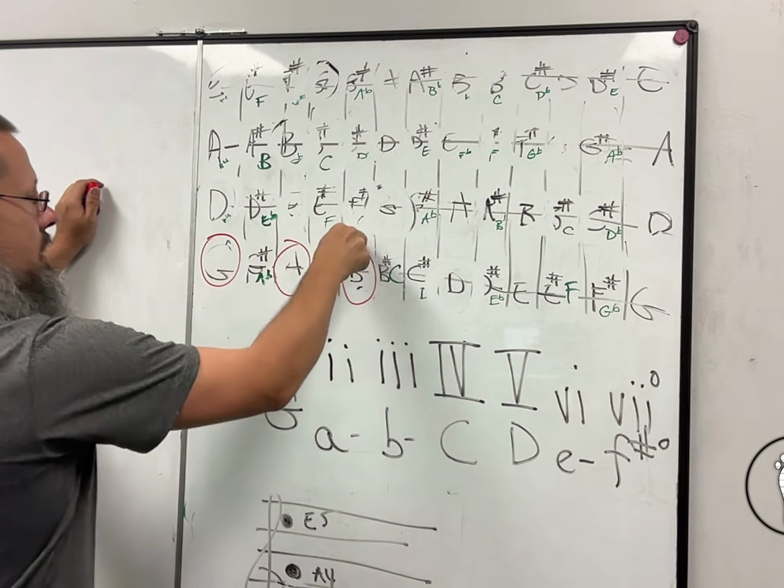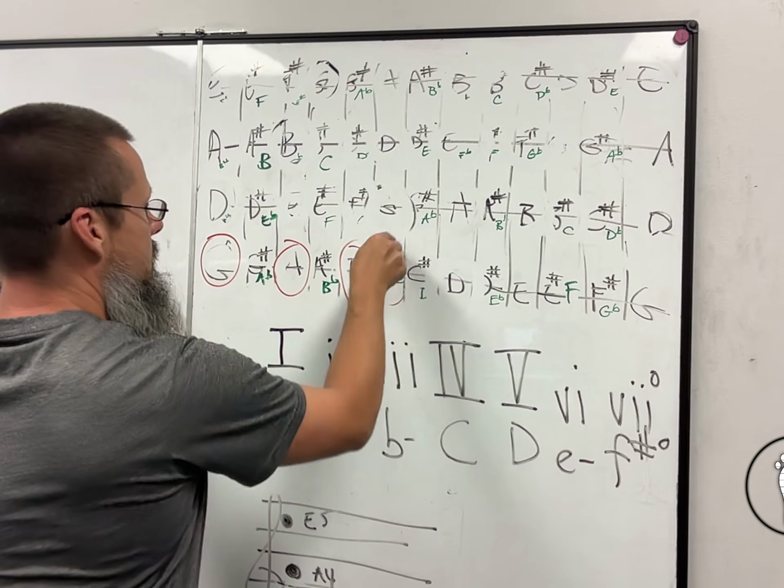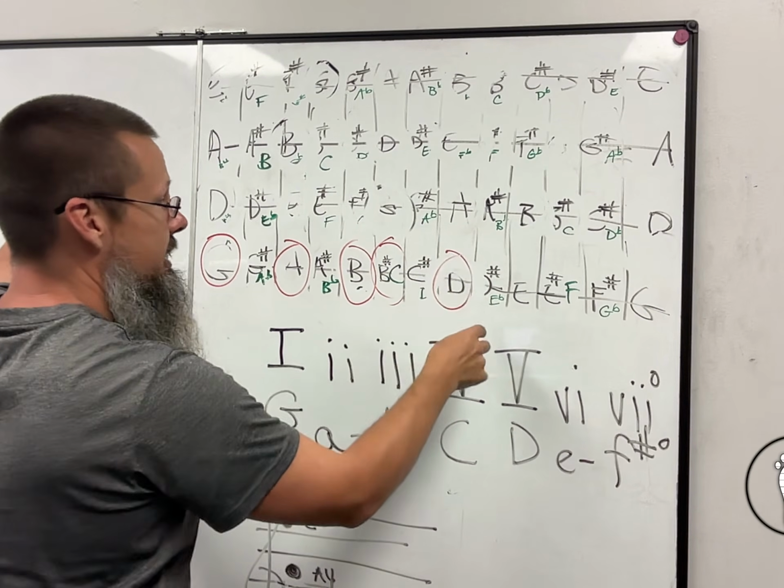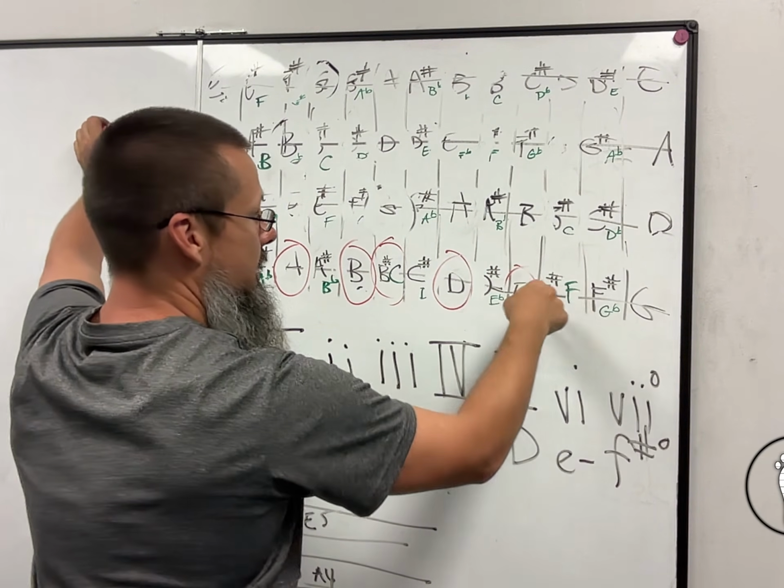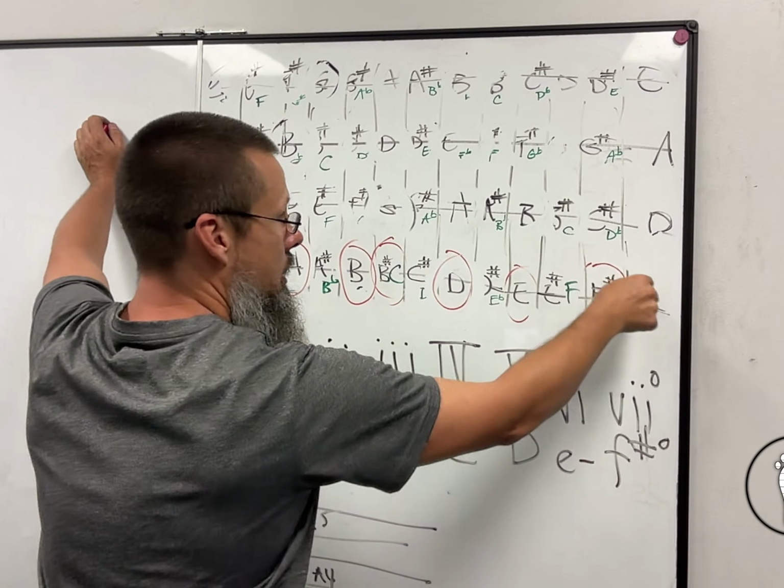A goes to B, B goes to C, C goes to D, D goes to E, E goes to F sharp, F sharp goes to G.